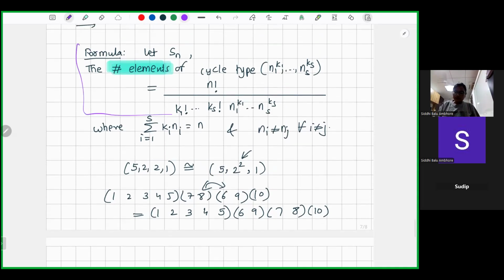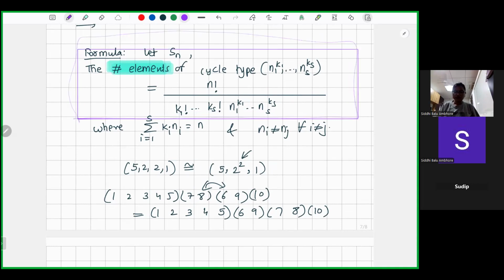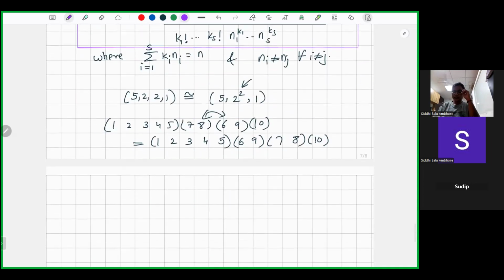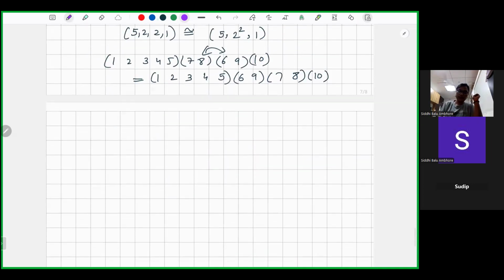I will just box this. Okay, so here we have n1 is equal to 5, n2 is equal to 2, n3 is equal to 1, and k1 is 1, k2 is 2, and k3 is again 1.